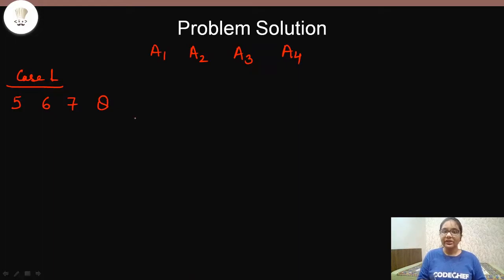These are the difficulty levels of A1, the 1st, 2nd, 3rd and 4th problem. Now in this case, we are trying to form a set, and each set can contain 2 or more problems, right? So we can form the maximum number of sets by keeping 2 problems each in a single set, because less than that we can never keep.